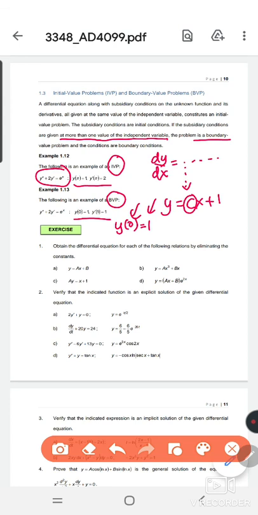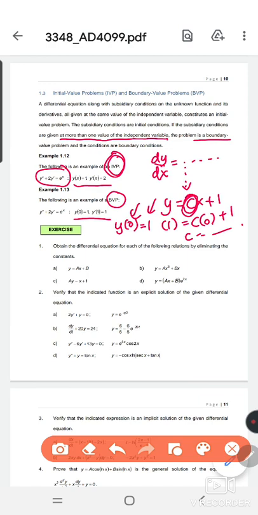Okay, so equals to 1. So bila y sama dengan 1, x sama dengan 0 tambah 1. So nanti awak akan dapat kira nilai C. So yang itulah beza. Bila ada IVP, maknanya dia nak suruh awak cari nilai constant. So kalau tak ada IVP ataupun BVP, maknanya tak perlu cari. Tinggalkan jawapan dalam sebutan constant C.